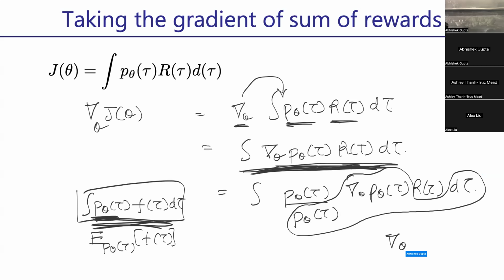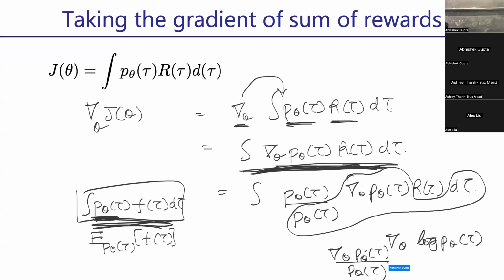If you have grad theta log p theta tau, right? You can write this as grad theta p theta tau divided by p theta tau by chain rule, right? So if you have log x, you take the gradient, it's going to be 1 over x. And so what we can note here is that the gradient of log is grad theta p theta tau divided by p theta tau.